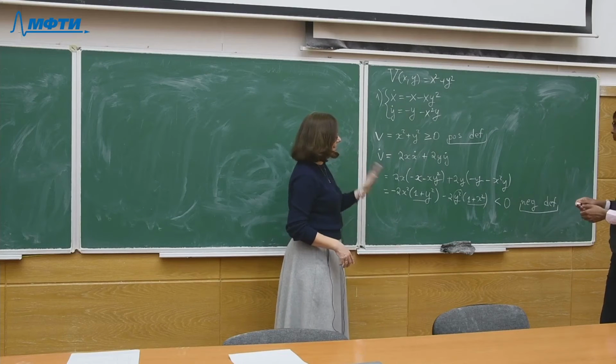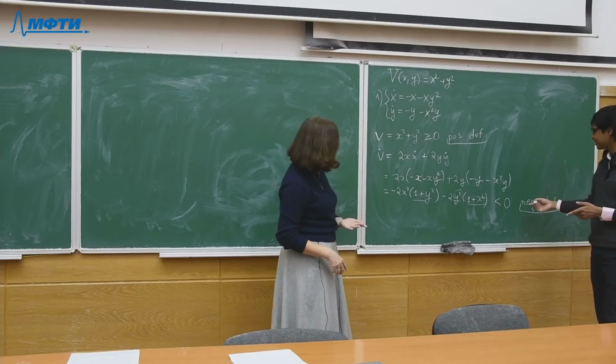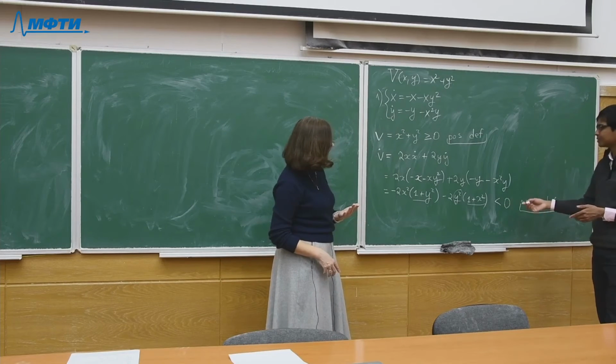This is the idea of how to memorize. And what is the case when we don't know if it is asymptotically stable?